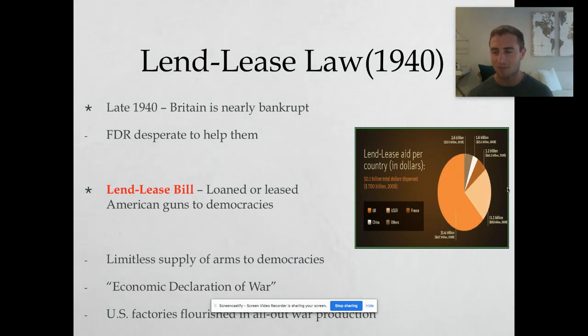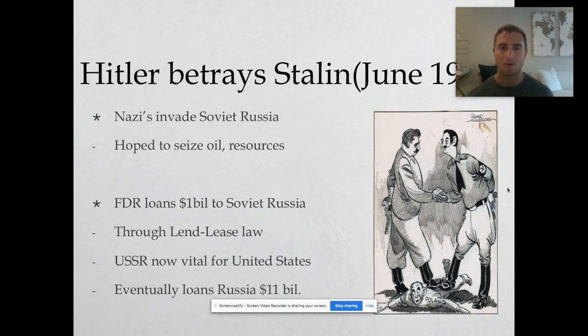Obviously, this is a non-neutral move, but because Hitler can't conquer Britain now, he turns on his ally Stalin and invades Russia, looking for oil and resources. And FDR is going to loan money to Russia as well. Wow, the totalitarian communist state Russia.